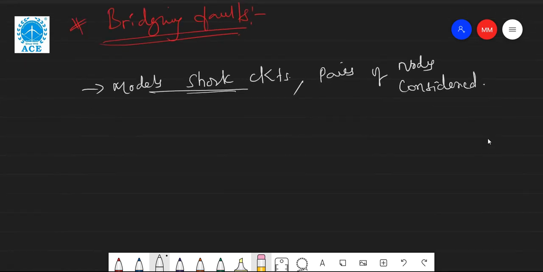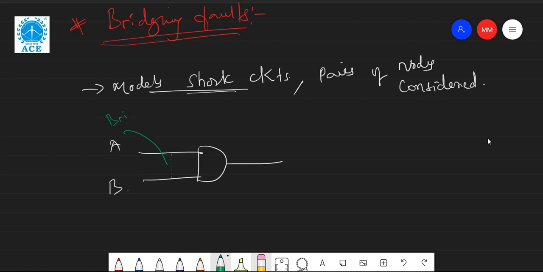See here, for example, if I consider A and B as two inputs that are connected, then this is called a bridge. It is a fault. This is one of the faults in manufacturing.